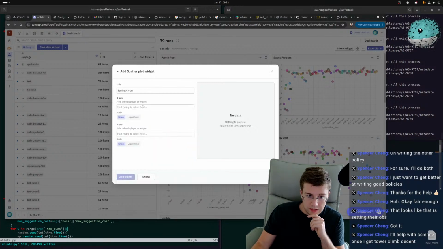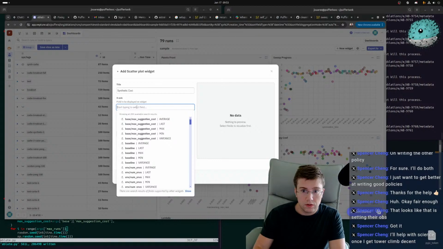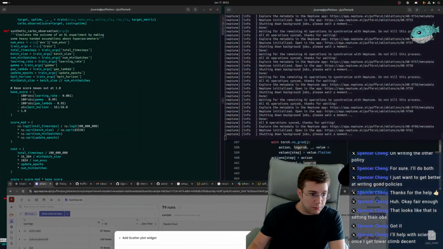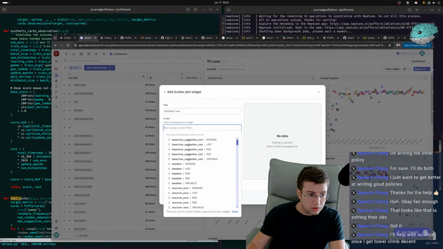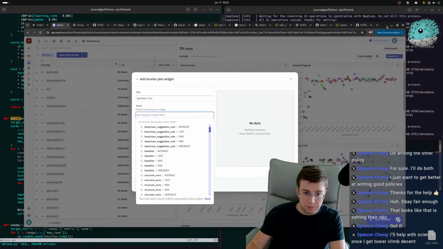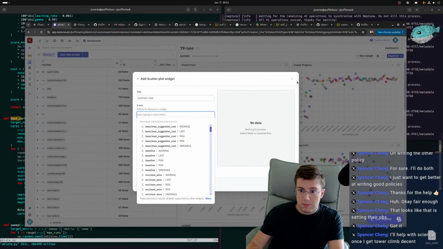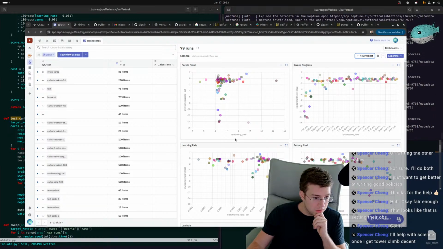We want to do on the x-axis, we want to do cost, which is uptime, do we call it? Environment / uptime. Oh, maybe this is right. Hold on. No, it's not.